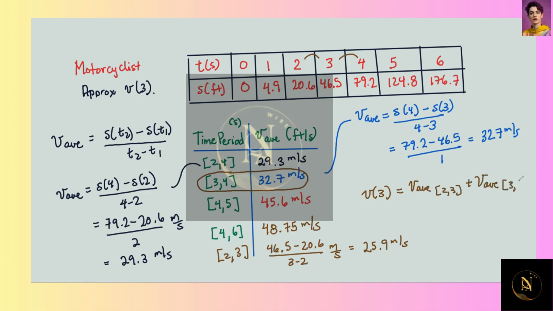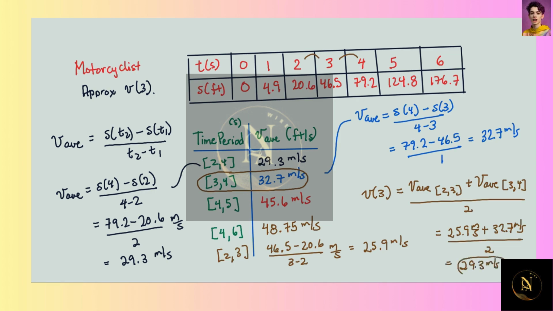Notice I went a little bit to the left and a little bit to the right, and I'm going to average those two. V from 2 to 3 was 25.9 meters per second plus 32.7 meters per second, divide by 2, and that gives us 29.3 meters per second.